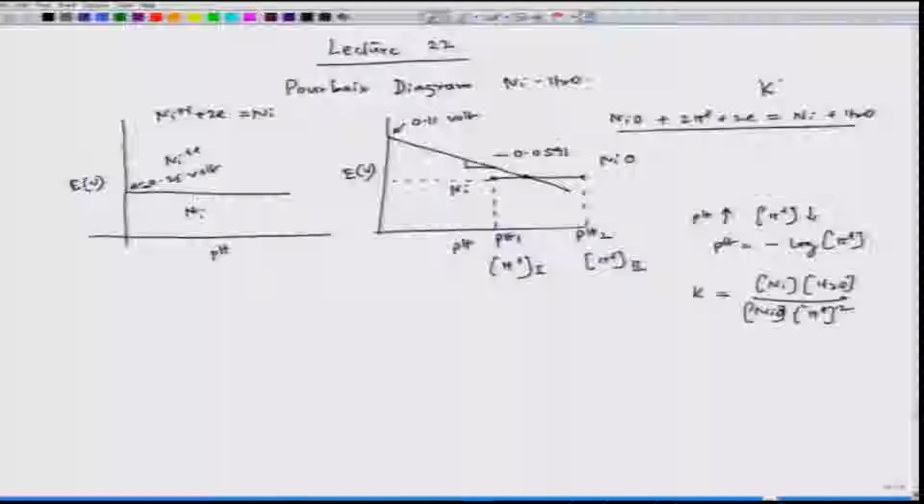Now, we see that K is constant at this point because we have attained equilibrium.